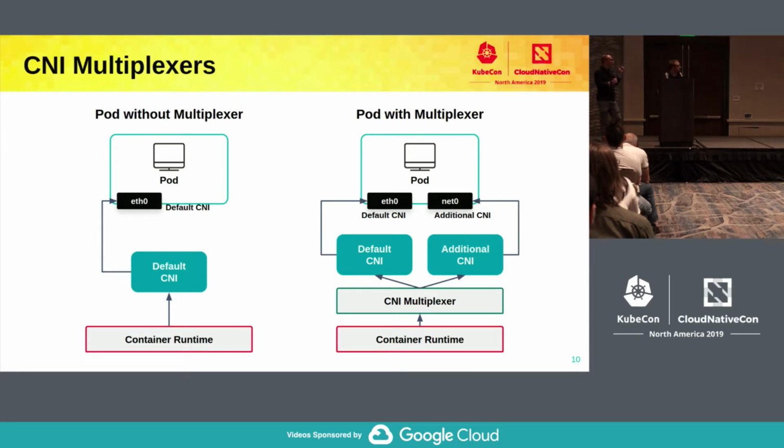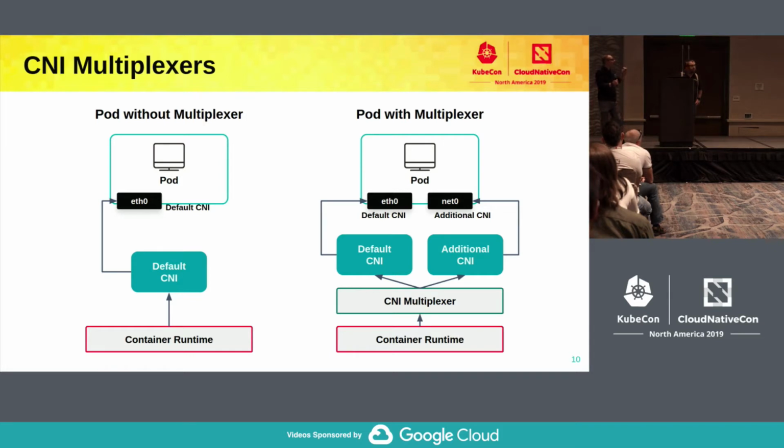So one of the solutions to plumbing your pod to attach to multiple networks is to use a CNI multiplexer. On the right, we've got the CNI multiplexer being called by the container runtime, and then it's going to call your default CNI, so you still have that pod-to-pod connectivity.